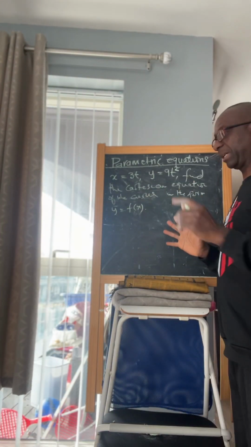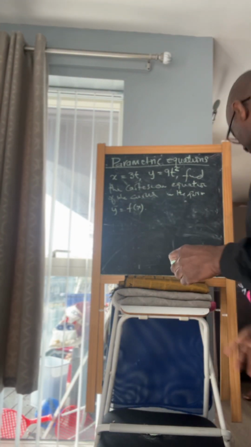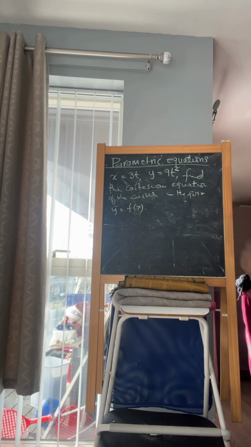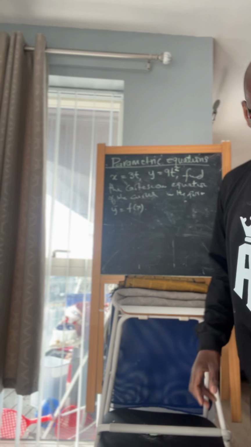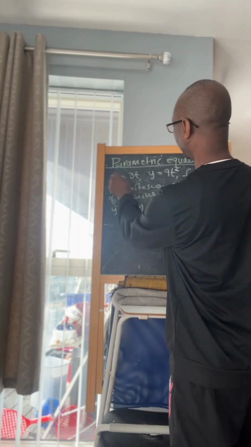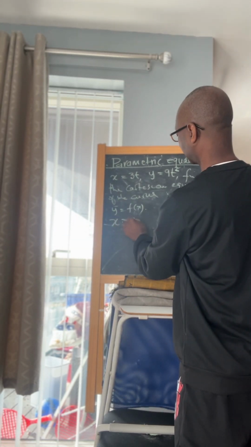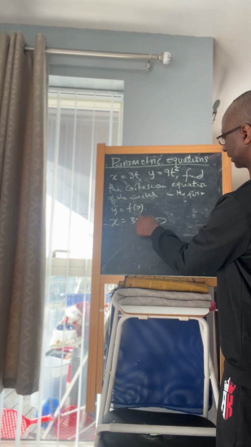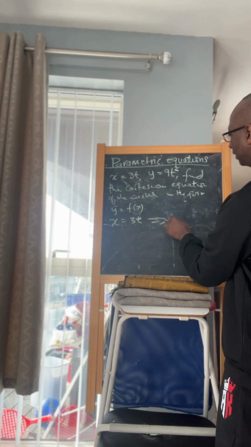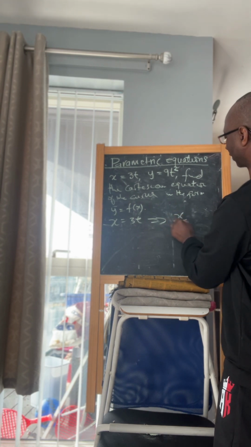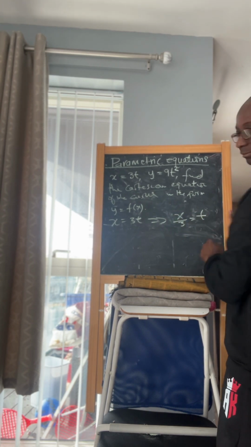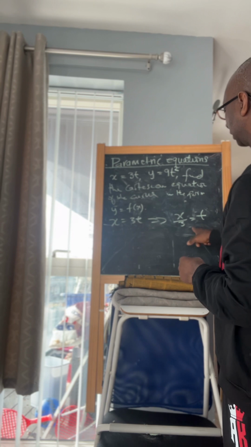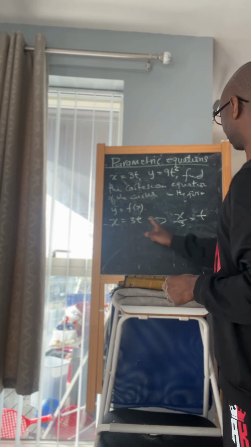When you have complex functions like this with so many variables, you can be able to reduce them. So how do you reduce these ones? You have here x equals 3t. So make t the subject of the formula. You now have x all over 3 equals t. Yeah? x all over 3 equals t.